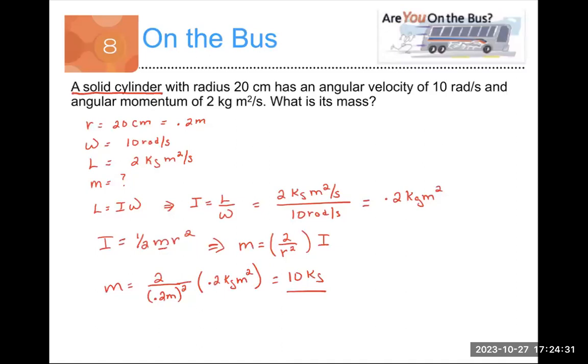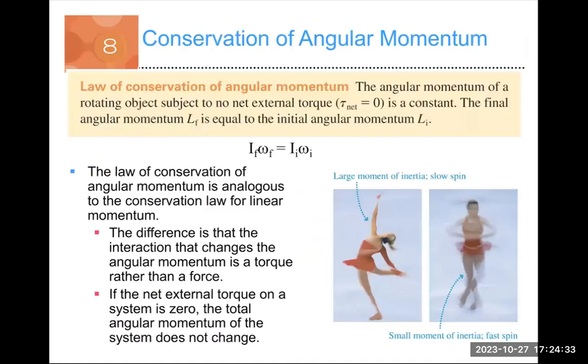Okay, just like we had conservation of linear momentum, we also have conservation of angular momentum, which tells us that the angular momentum of a rotating object subject to no net external torque is a constant. The final angular momentum must equal the initial angular momentum.